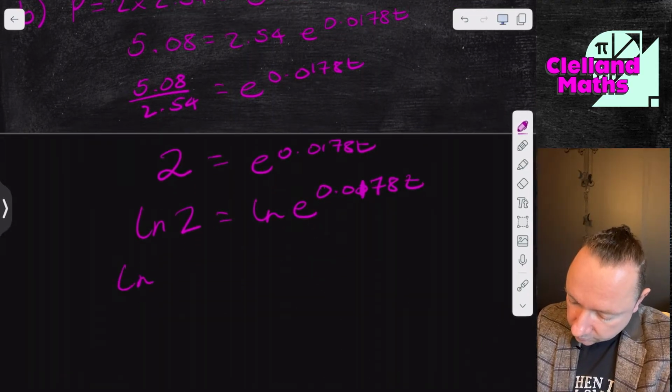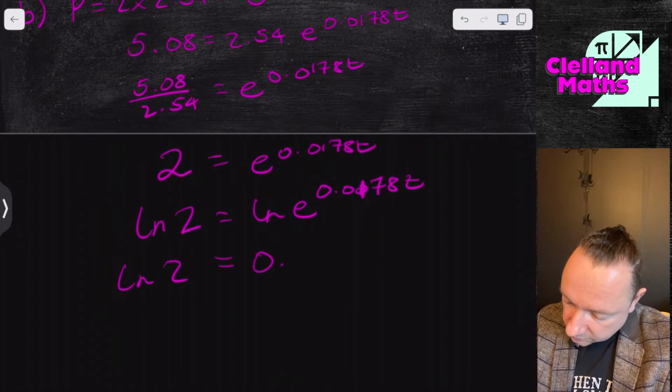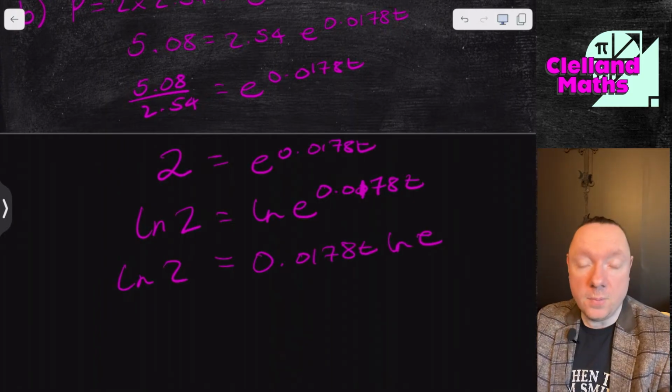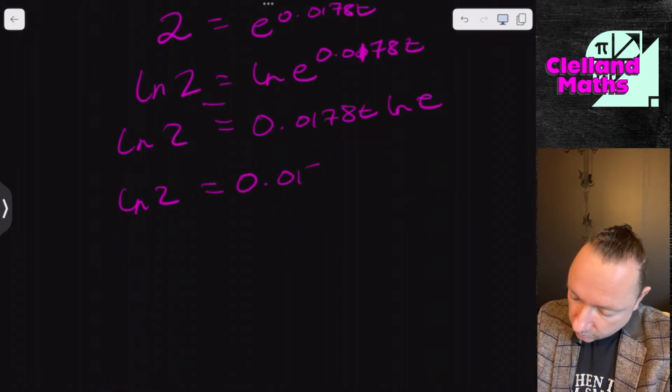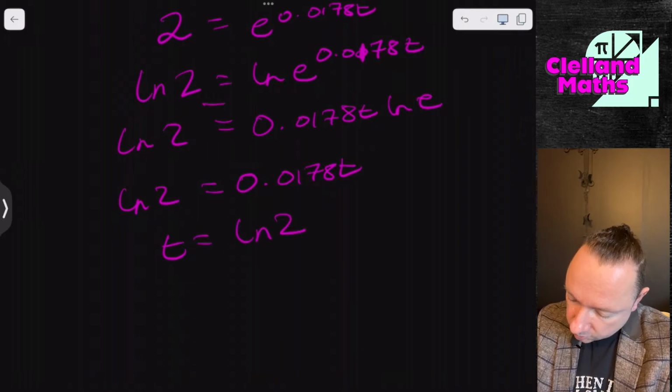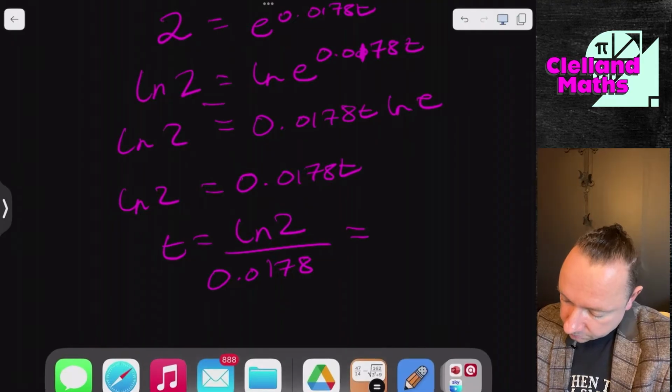Taking the 0.0178t to the front, you get log e, which is 1, remember. So that means that log 2 equals 0.0178t. So t is log 2 over 0.0178 using a calculator.